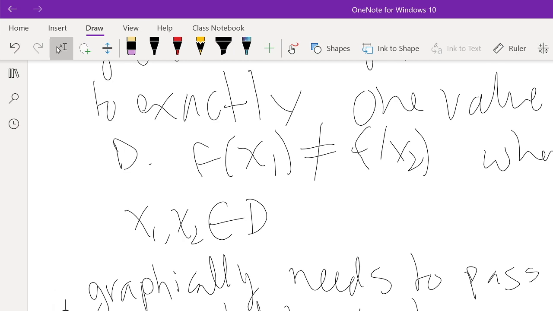Before, the vertical line test told us that this was a function, so this is definitely a function. But if we draw a horizontal line, we see that it touches it at 2 points. In order for it to be one-to-one, the definition is saying it must touch the graph at most in one place. So while this is in fact a function, it is not a one-to-one function.